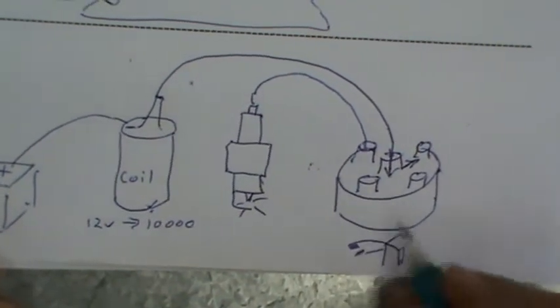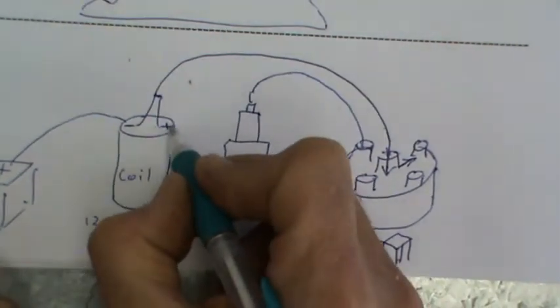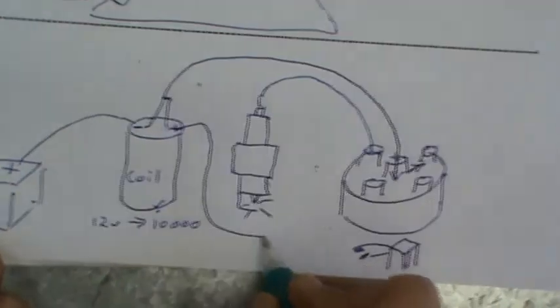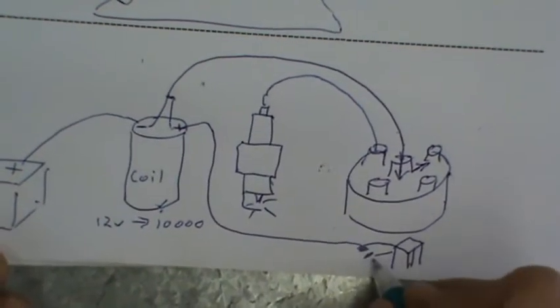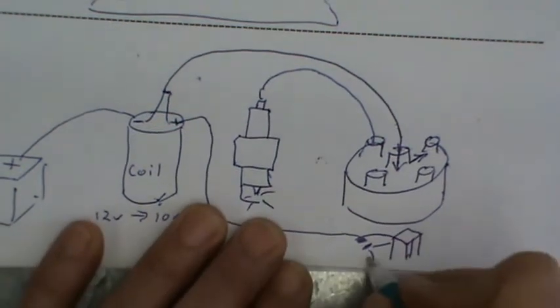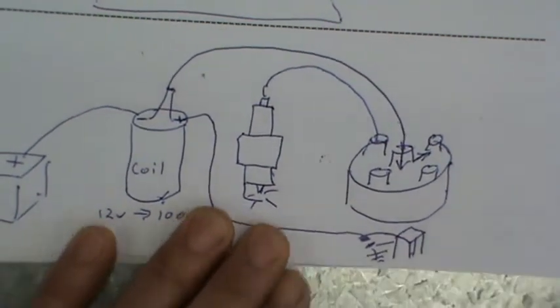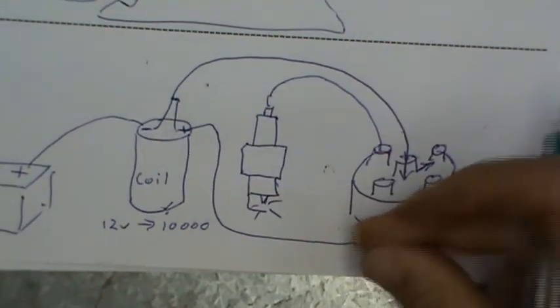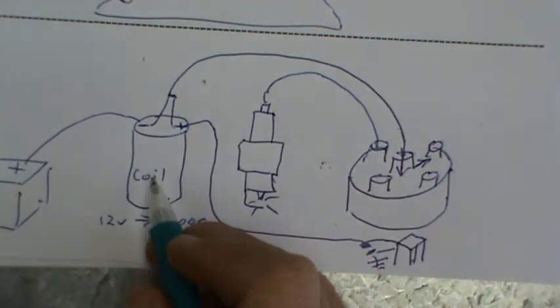And all that switch does is it takes the positive side of the coil and earths it. So that becomes earth. So every time this closes, the coil charges up.